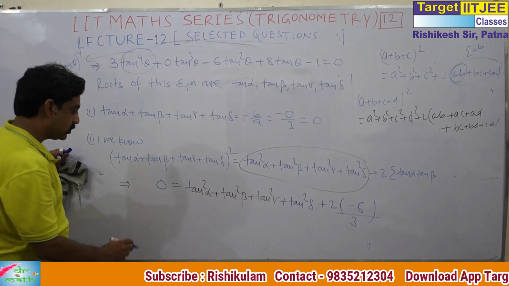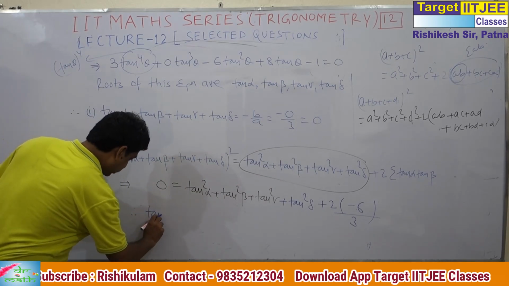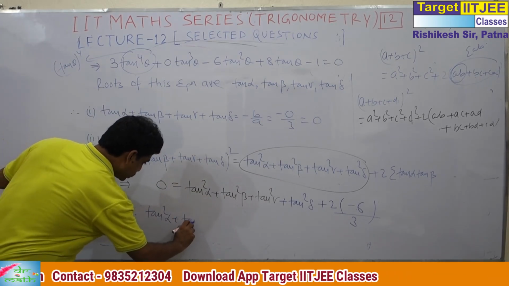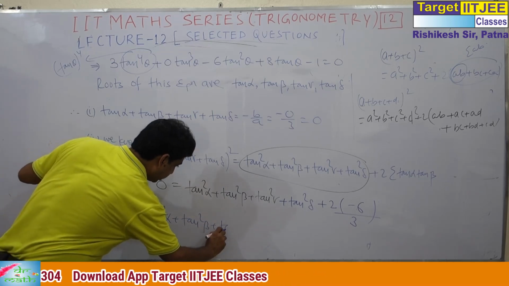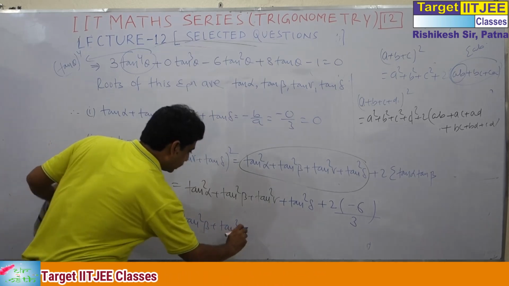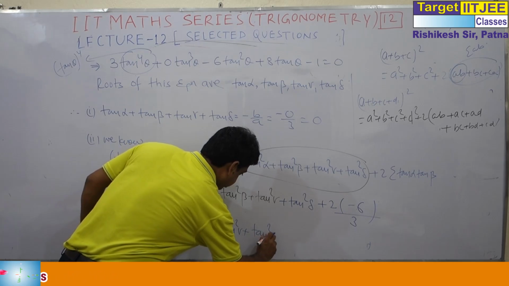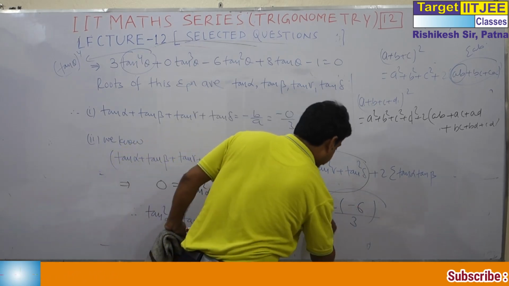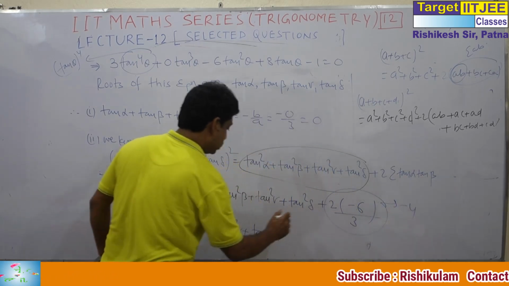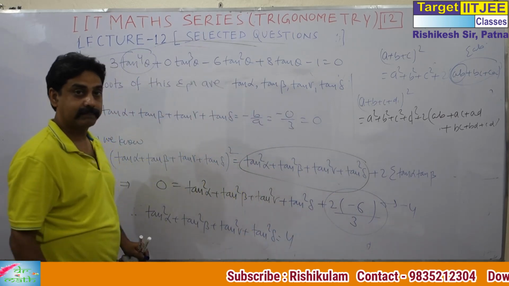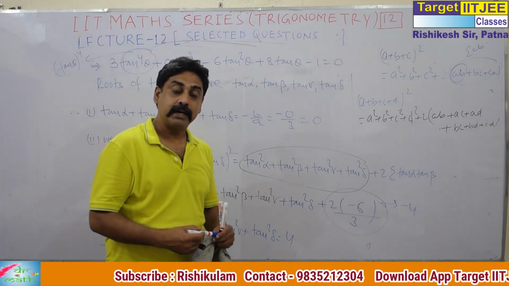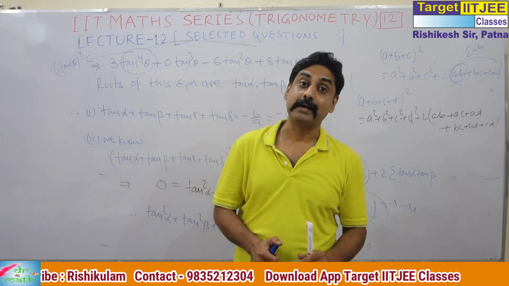So on calculation we will get tan square alpha plus tan square beta plus tan square gamma plus tan square delta. This is actually minus 4. When side change, this is 4. So this is the answer.